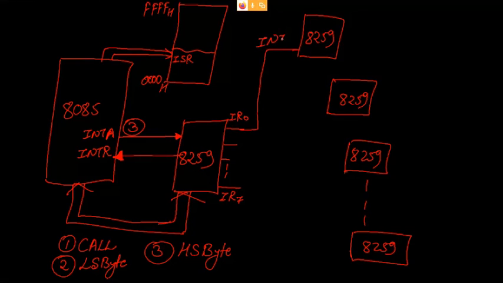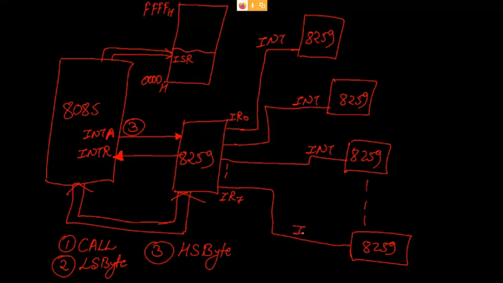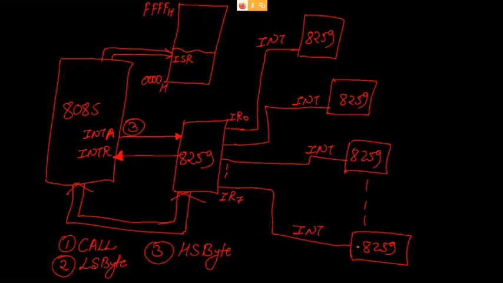So INT line of a slave is connected to the IR0. Similarly, INT line of another slave is connected to IR1. Similarly, INT line of 8259 is connected to this, and similarly you can connect INT line of 8259 to IR7.